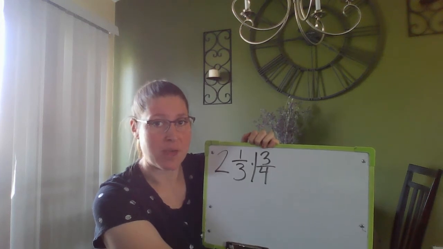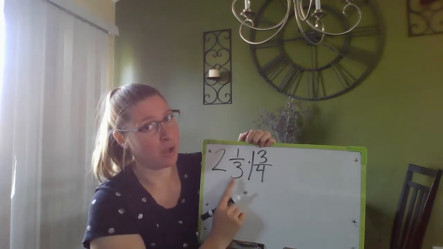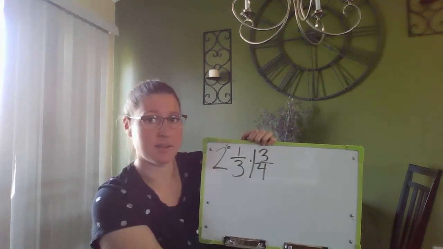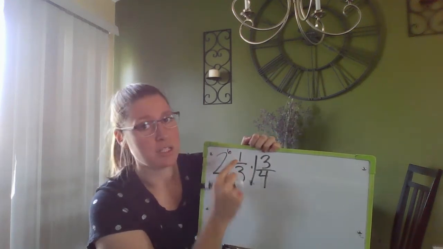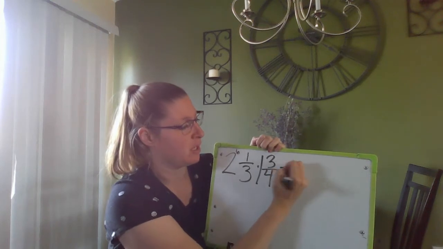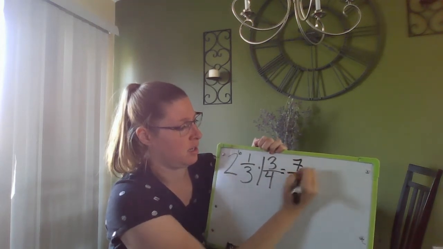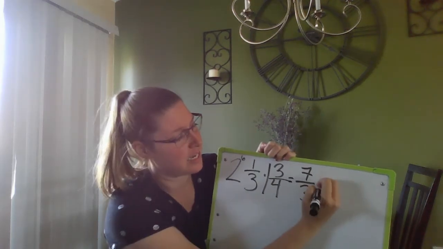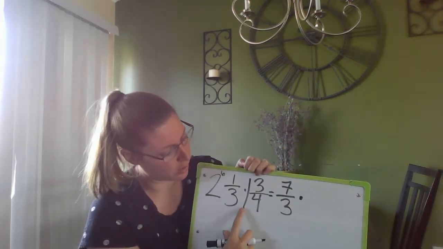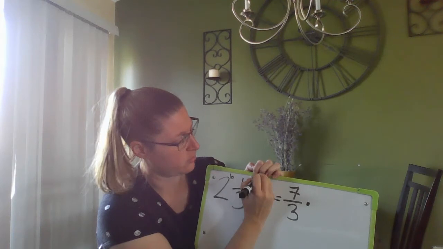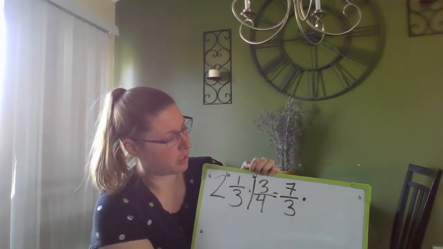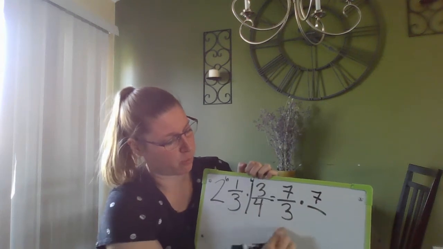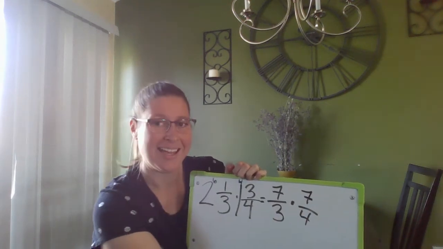So remember, to do that, I multiply my denominator by my whole number. 3 times 2 is 6. 6 plus 1 is 7. So I have 7. I bring over my 3, so I have 7/3 times 4 times 1 is 4. 4 plus 3 is 7. And I'm going to bring over my 4.